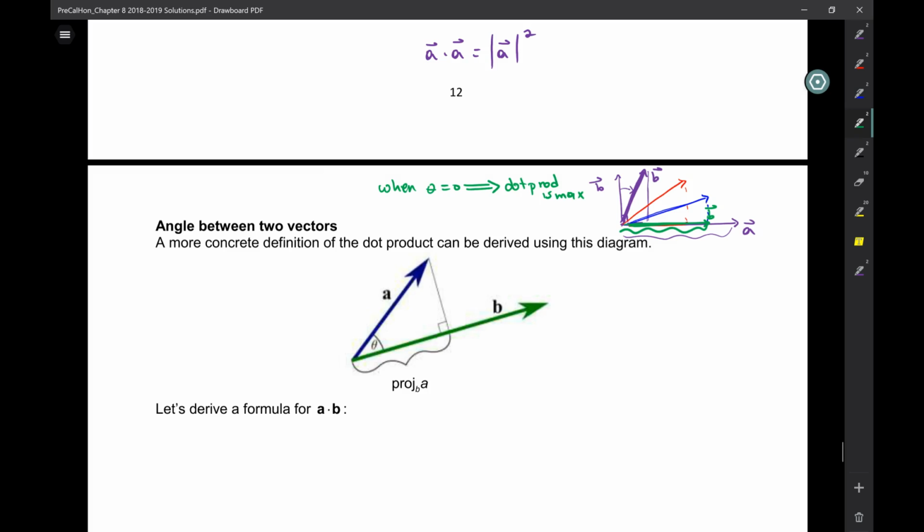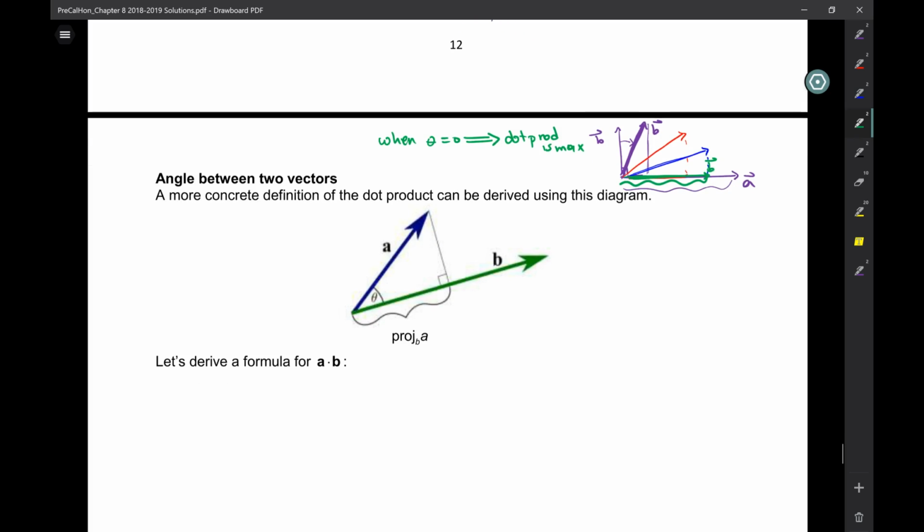When the angle between the two vectors is 0, the dot product is maximum, because here there was no shadow being cast when the angle was 90. But now when the vector is laying on top of the first vector, the angle between the two of them is 0, and now the shadow times this is the maximum it could be. And so when the angle is 0, the dot product is maximum.